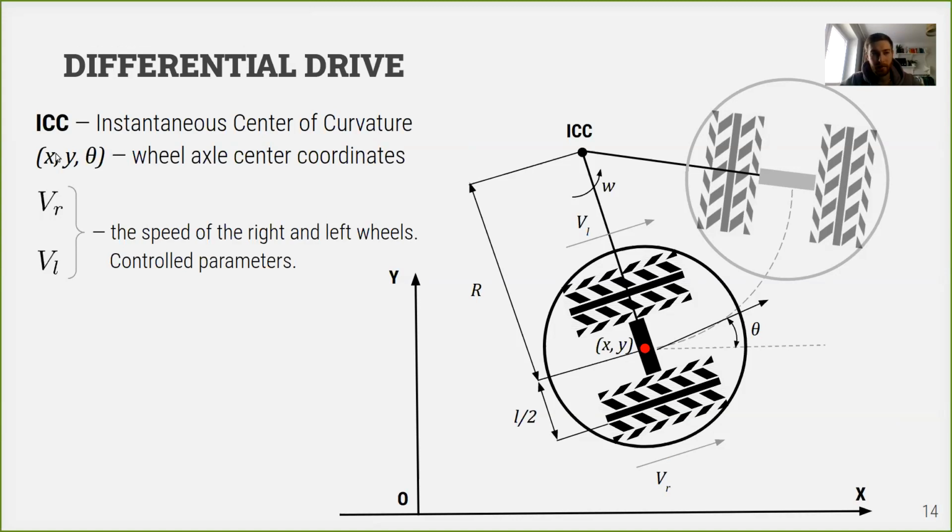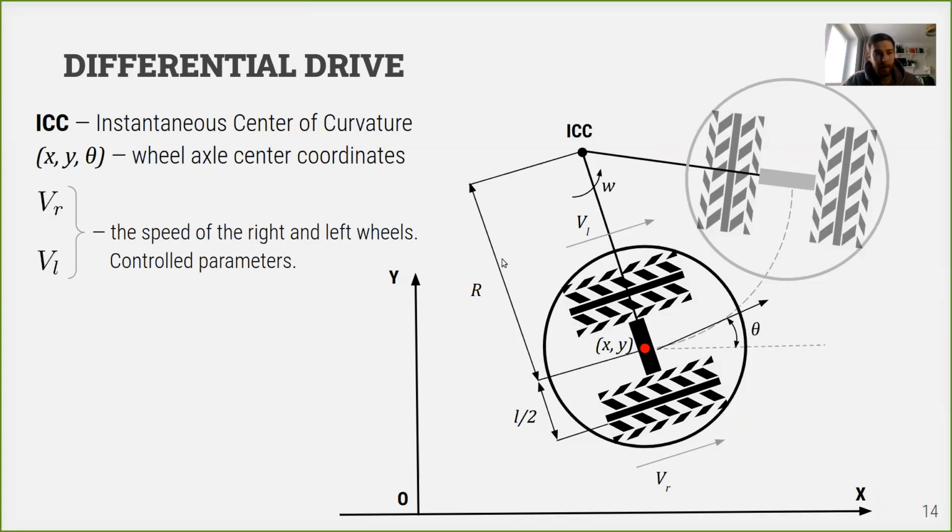This point has coordinates, and we also have the orientation of our robot theta. Another important term here is the instantaneous center of curvature. This is the center around which the robot rotates in some short period of time. That's why it's called instantaneous, because it can change over time. But for a short period of time, it stays constant. At least it's our assumption.